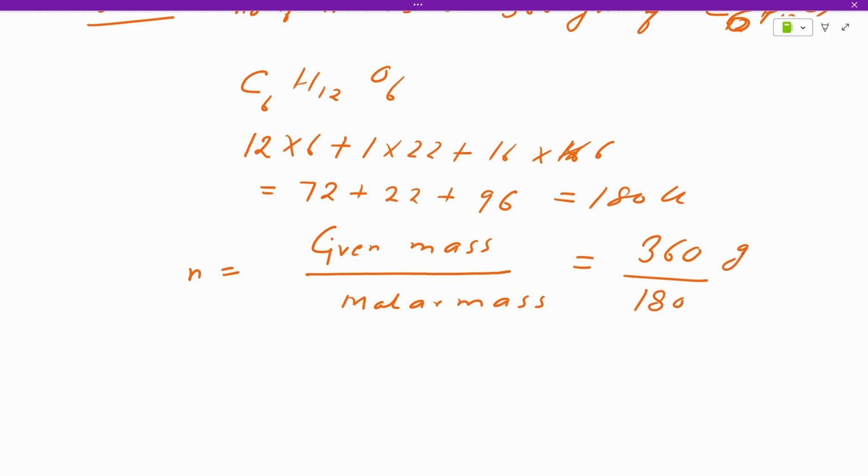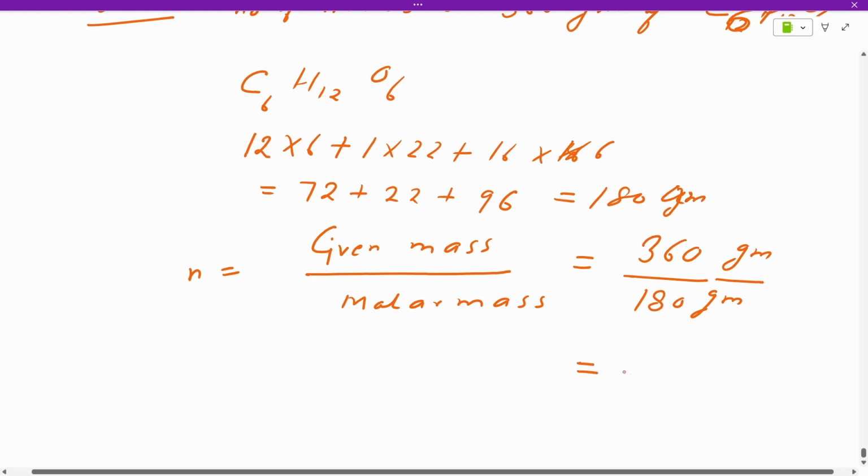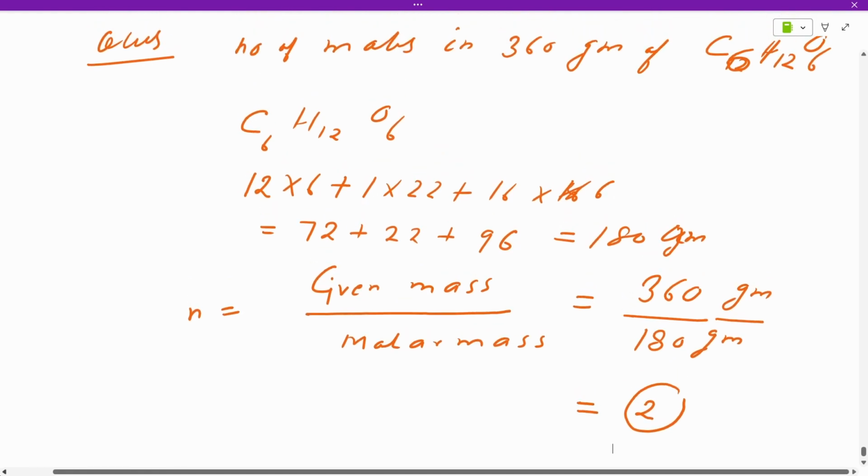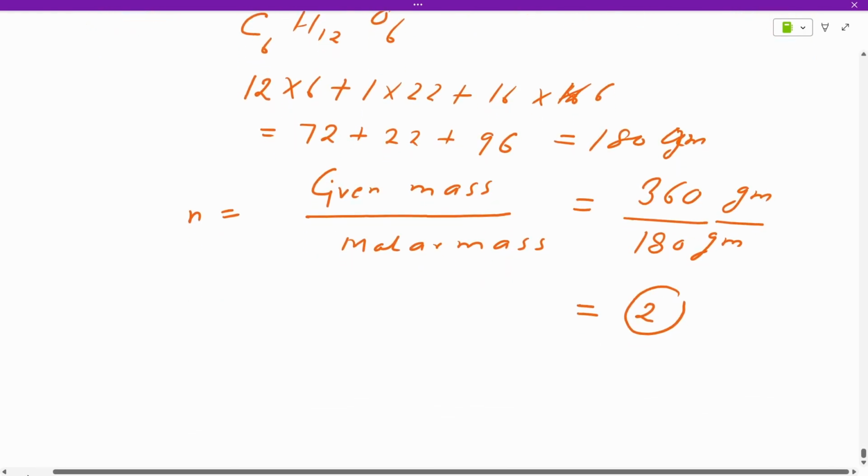This is gram and this is also gram. So the number of moles will be 2. So 360 gram of glucose is having 2 moles of glucose.